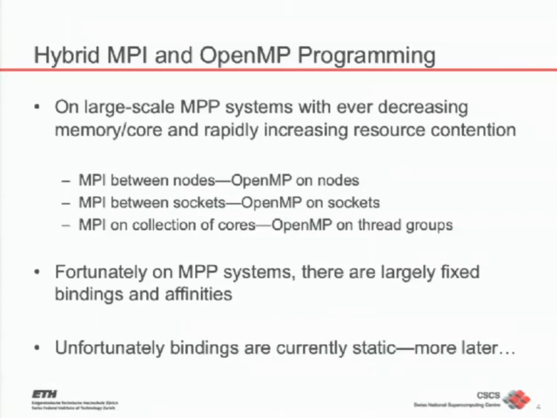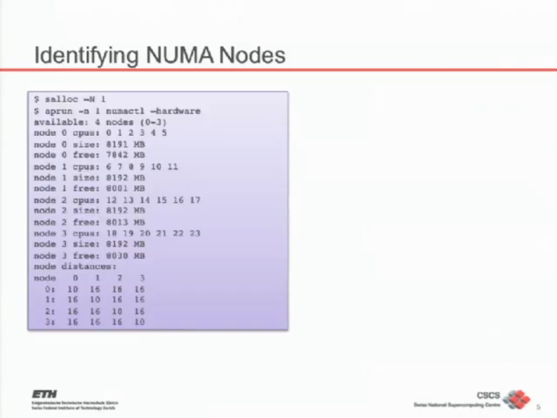We don't even necessarily want to use all 12 cores for OpenMP because we have that extra NUMA effect, and on collections of cores and thread groups. So there are fixed bindings and affinities. These things are static.